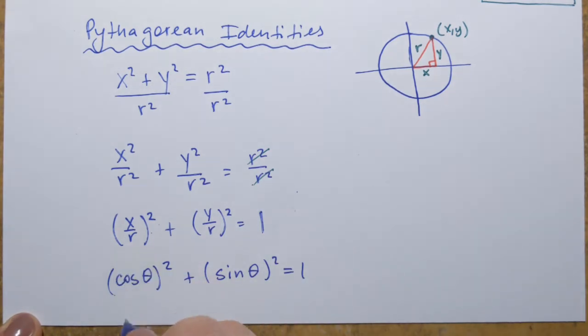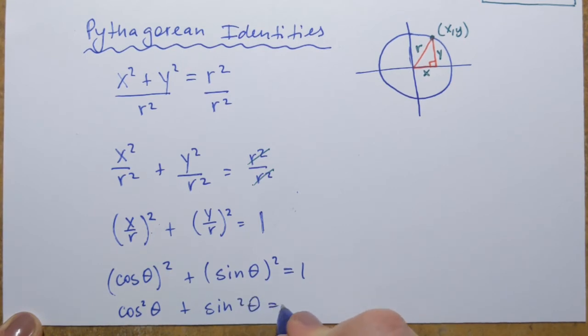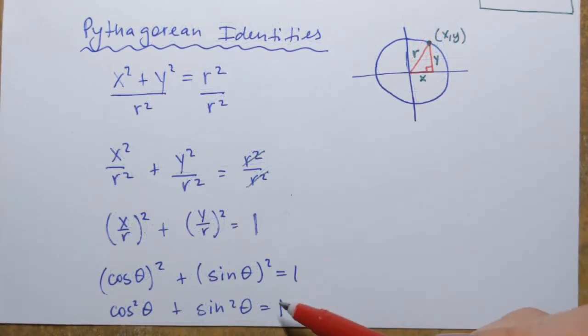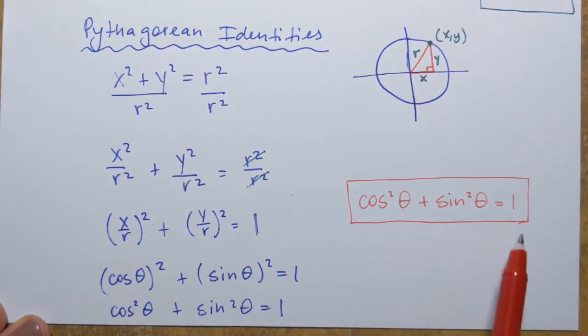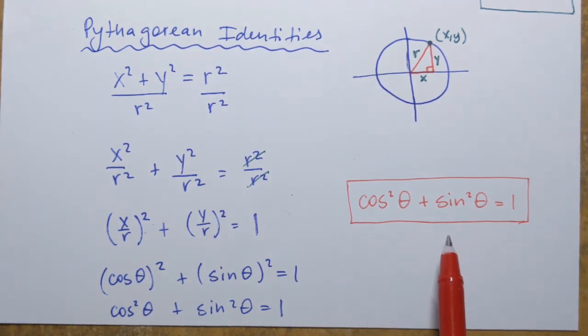So I'll write it like that: cosine squared of theta plus sine squared of theta equals 1. And what we're looking at is the most basic form of the Pythagorean identity. This is the most popular identity in trigonometry, so it's worth being written on the side and boxed. And from this identity, we can obtain a few other versions of the Pythagorean identity.